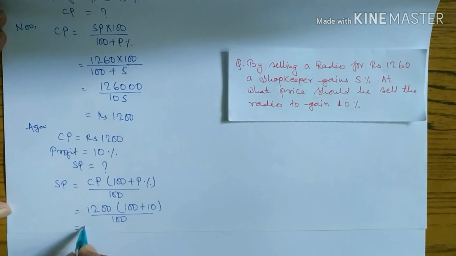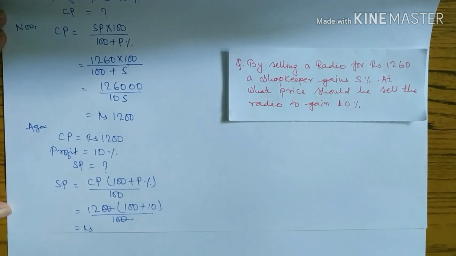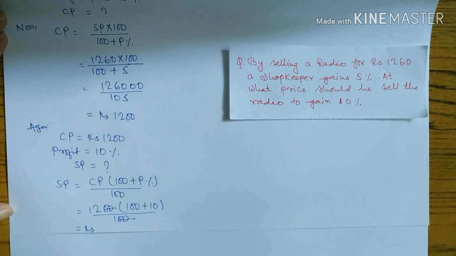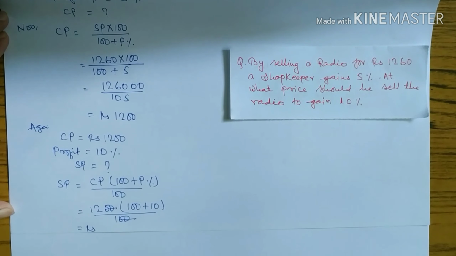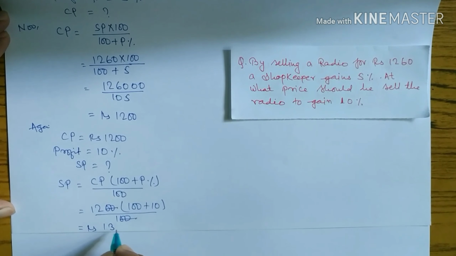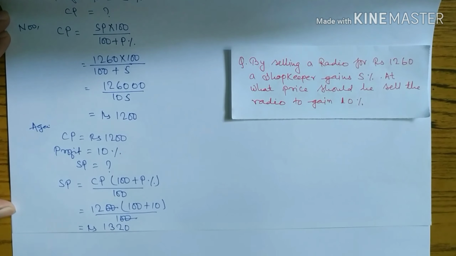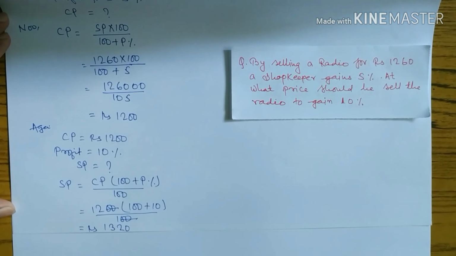The 100s cancel. So here 12 into 100 plus 10, 110, is equal to 1320. So he has to sell at rupees 1320 to get 10% profit.